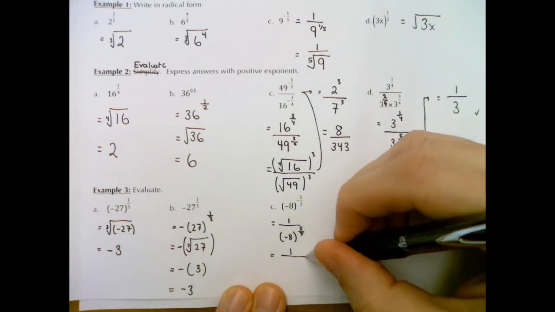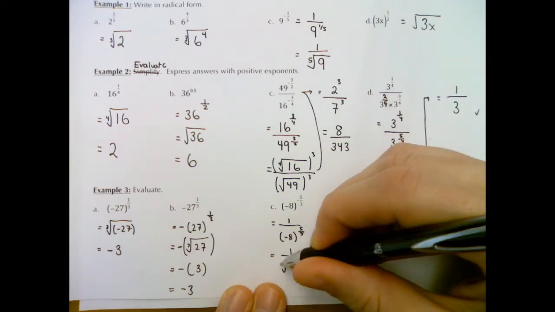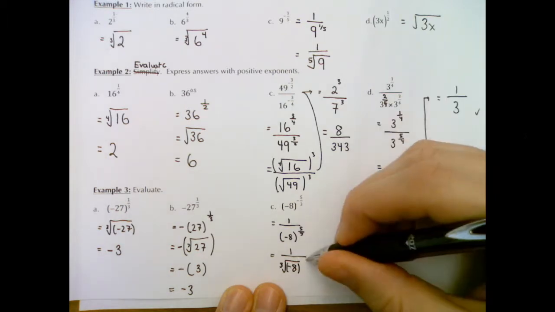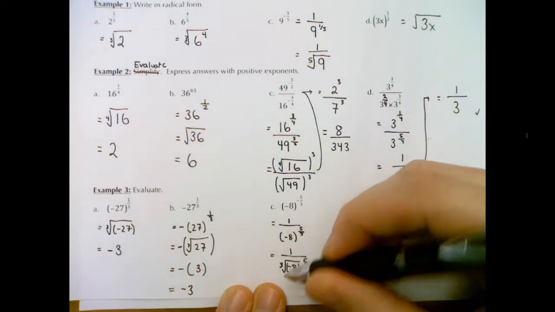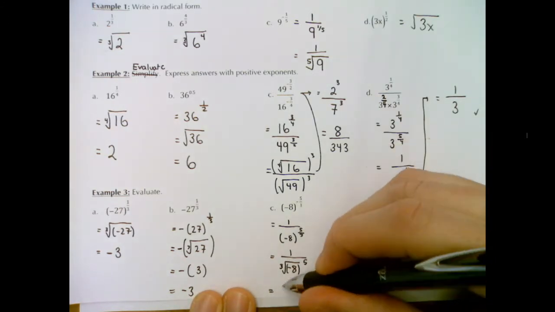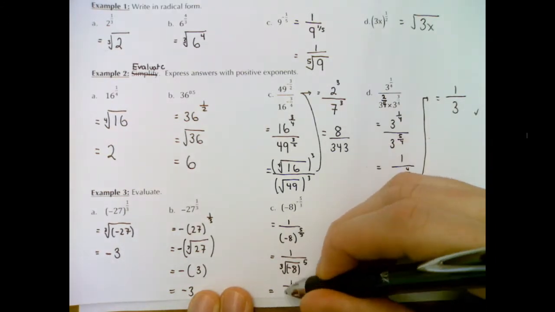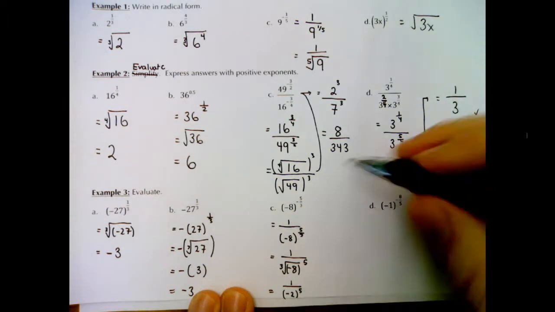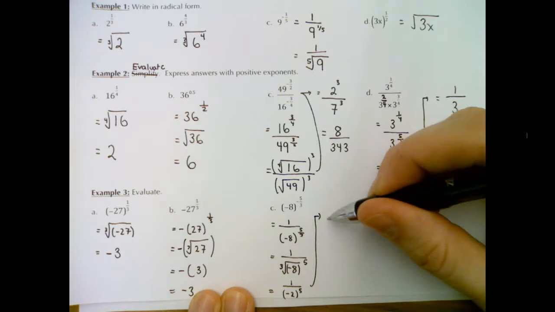Now we can take the third root. And raise our answer to the exponent 5. Well, the third root of negative 8 would be negative 2. And we'd have to raise that to the exponent 5 still. Negative 2 to the exponent 5.